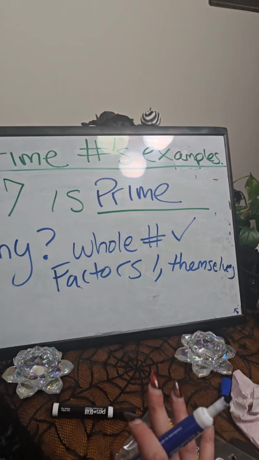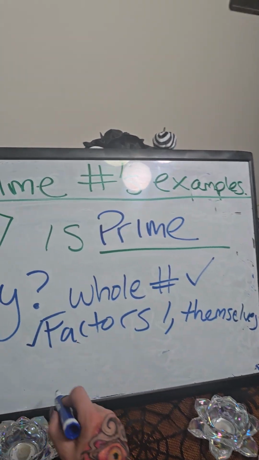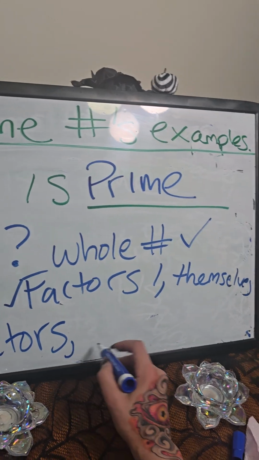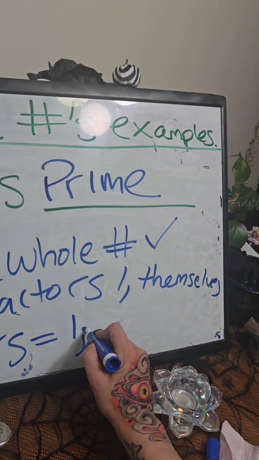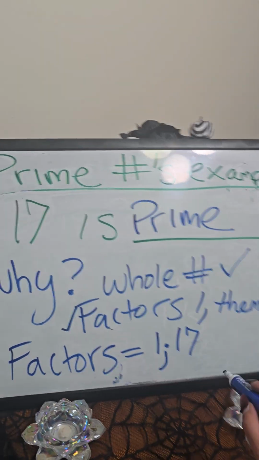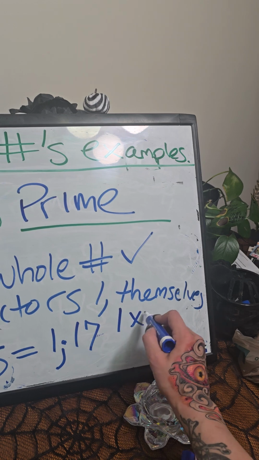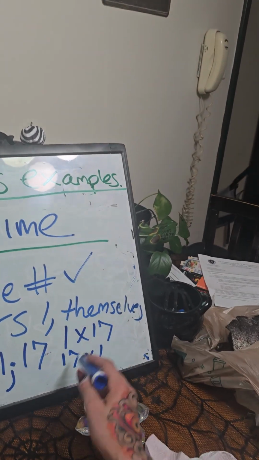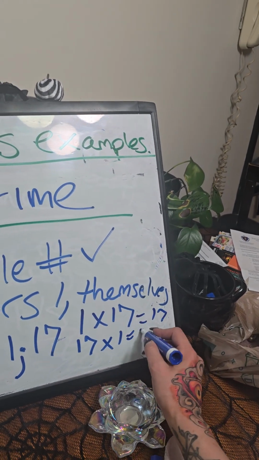So in this case, yes, 17 is prime, and the factors of 17 are 1 and 17. Because, take it a step further, how do we know this? Because I can't multiply anything else besides 17 and 1, or divide by 17 and 17, or 17 and 1 in order to get 17.